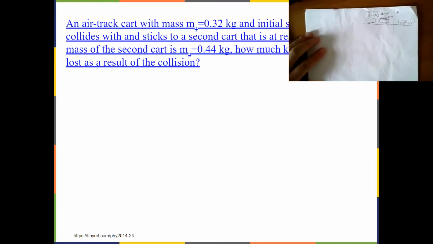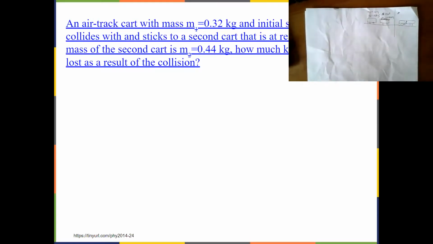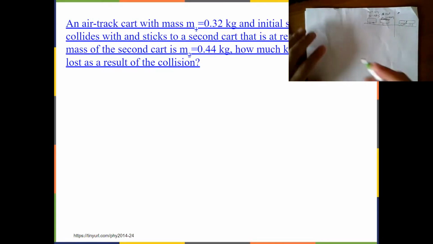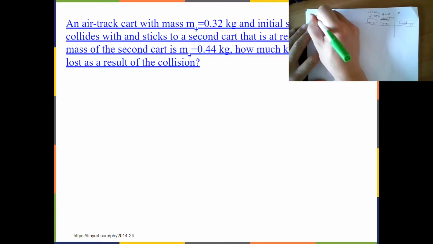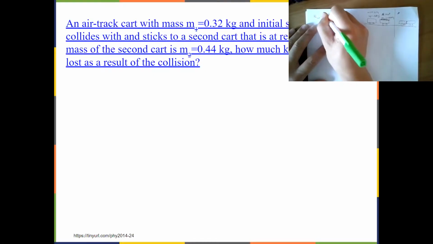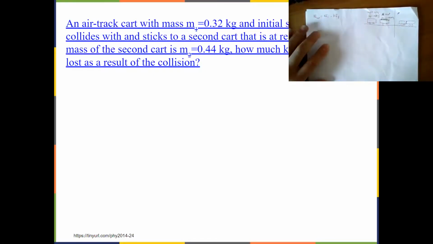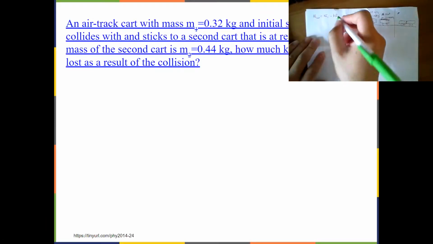If it's a loss, your initial capital should be more than the final capital, then the difference will give you the loss. So initial minus final. So KE lost should be equal to KE initial minus KE final. That's what you are looking for.